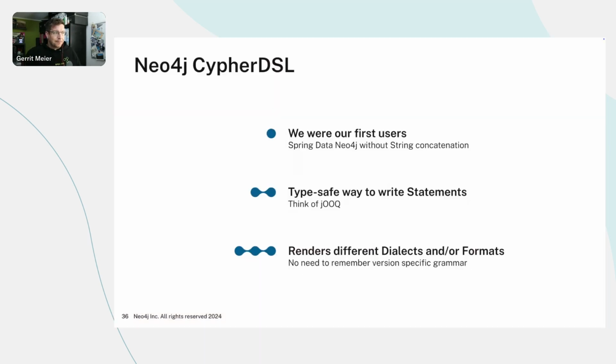CypherDSL helps you to write Cypher statements in a type-safe way. That does not mean that you can not provide types in the sense of value types somewhere, the wrong or the correct ones, but it's more about what is possible after the next step. So I would create something like a match clause, and then I can only have a condition, for example, or another match, or return.